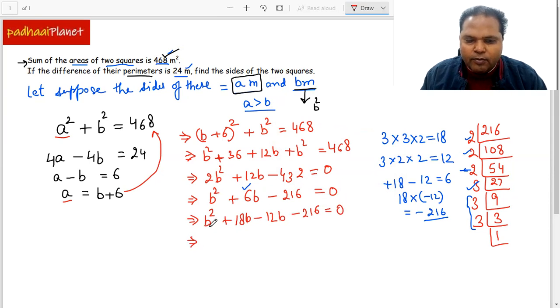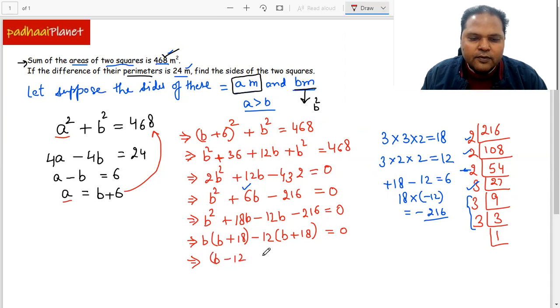Now we take b common out of it, so that's b times b plus 18, minus 12 times b plus 18, and that's equal to 0. Now we simplify it, and what we get is b minus 12 times b plus 18, both of it equal to 0.